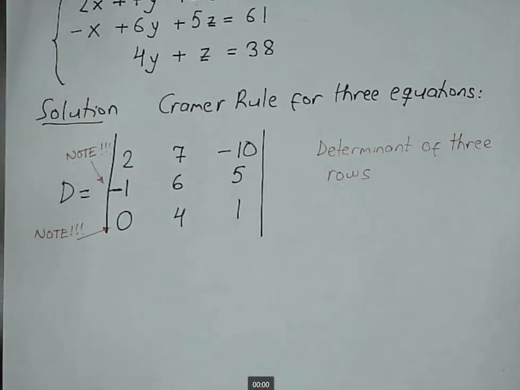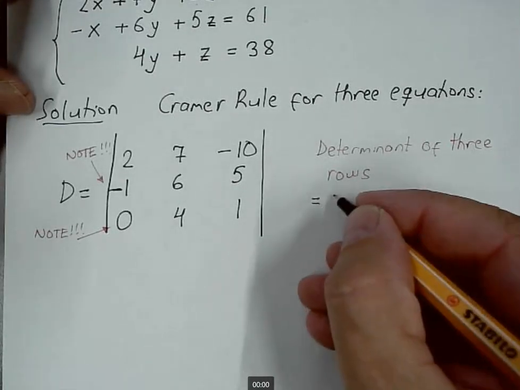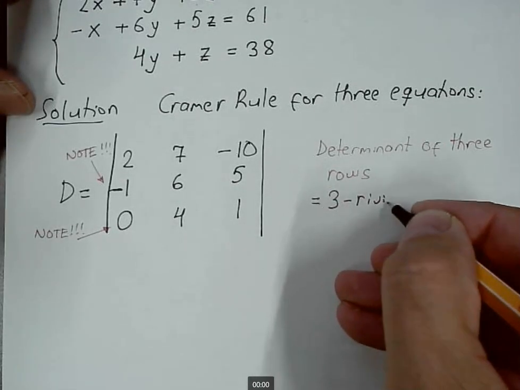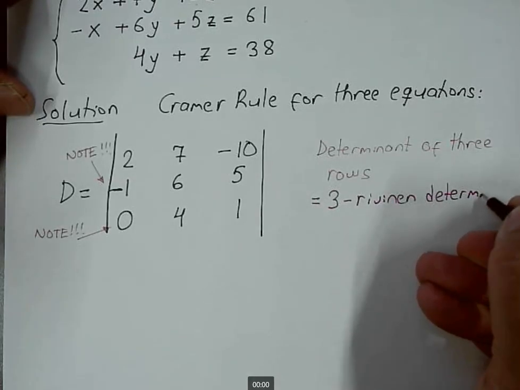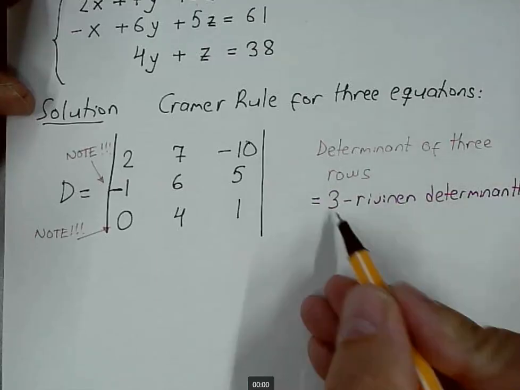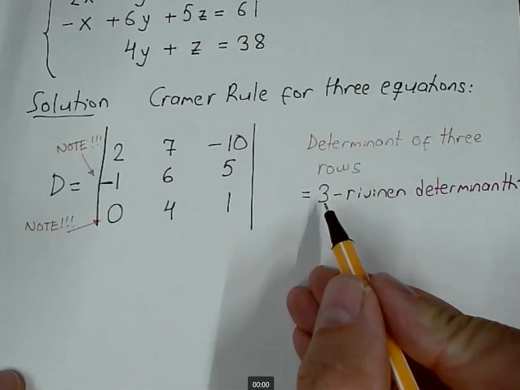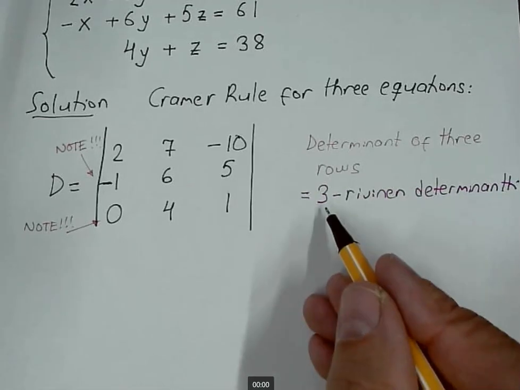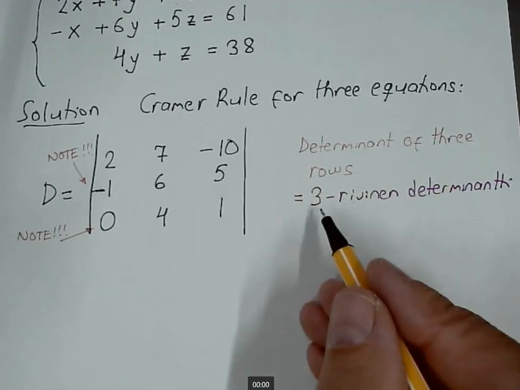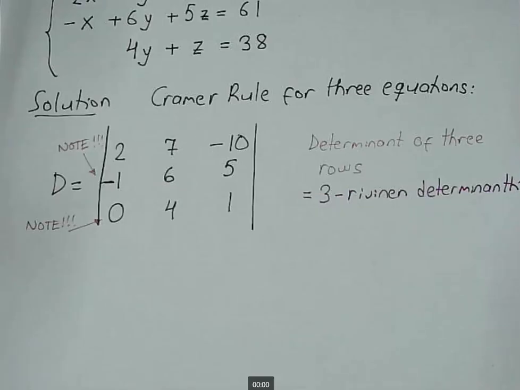In Finnish we call this kolmerivinen determinantti. Actually we say it kolmirivinen, even though this number is actually kolme, but in this word it is kolmirivinen. Well, that is not wrong to say kolmerivinen at all. It is okay also, but mostly we are using the kolmirivinen word there.